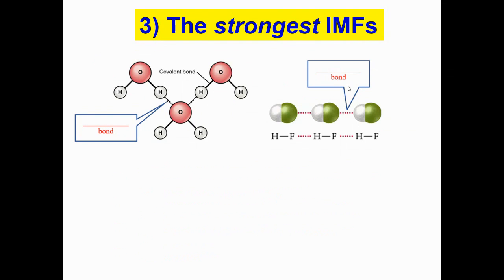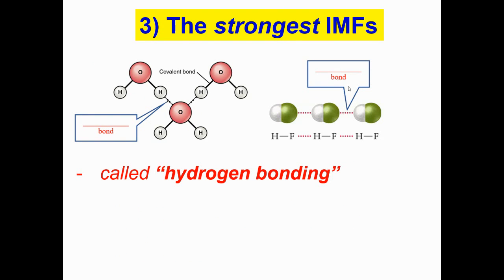Okay, now the special strongest IMFs. The strongest IMFs are called hydrogen bonding. This name is very confusing, but you will get it. Okay, hydrogen bonding, you have to have hydrogen. Hydrogen bonding is not the bond inside the molecule that holds the hydrogen to the oxygen. It's the attractions between these molecules.